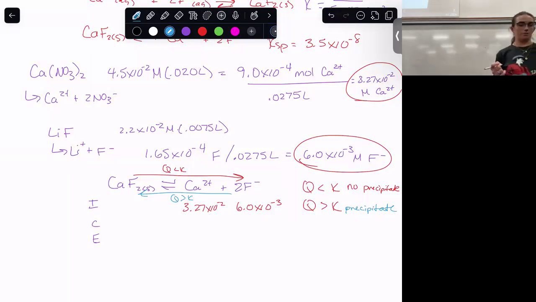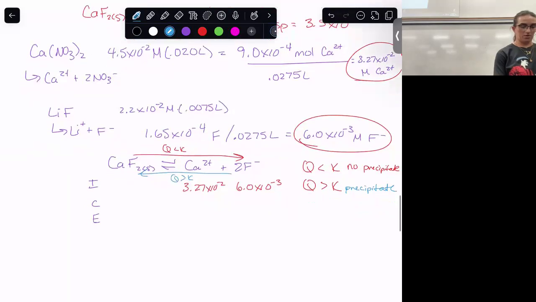So how are we going to solve for Q? You don't need to do the full ice table. Concentration of Ca and F squared.